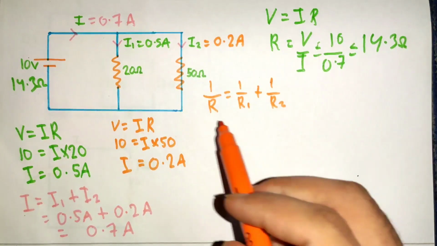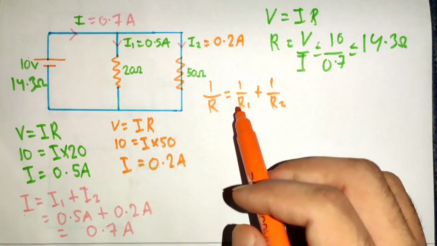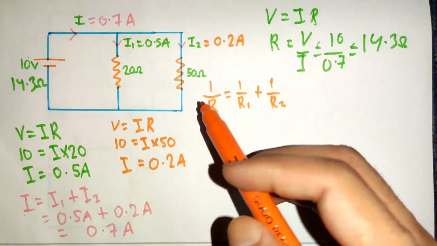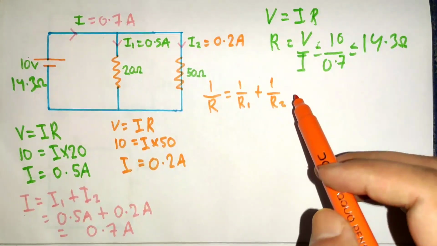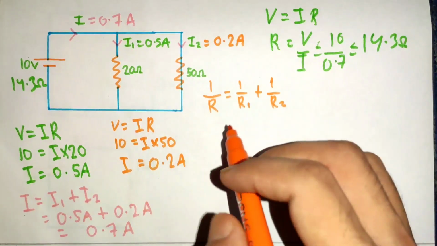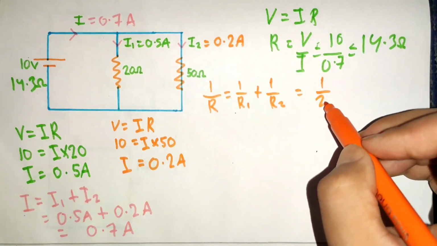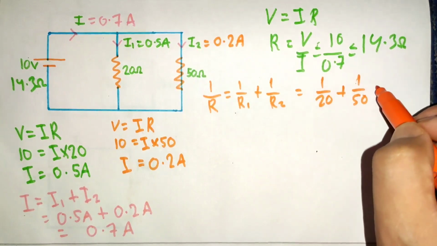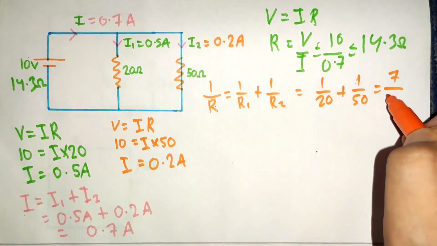Here I am using R1 and R2 only because our parallel circuit is made of two resistors. So if our parallel circuit is made of 3 resistors, then we simply add 1 by R3 in our current equation. 1 by 20 plus 1 by 50 equals to 7 by 100.